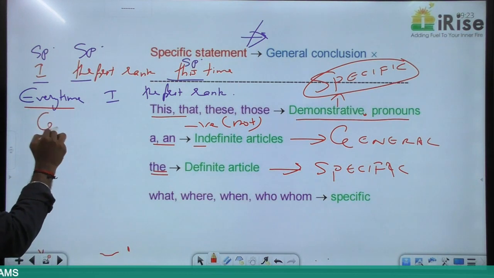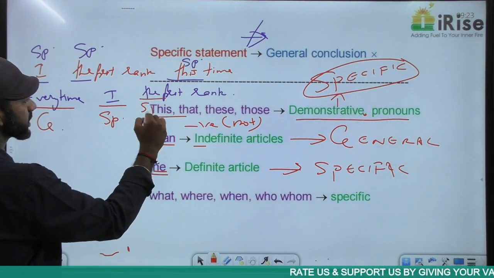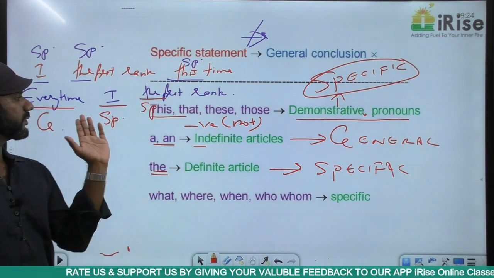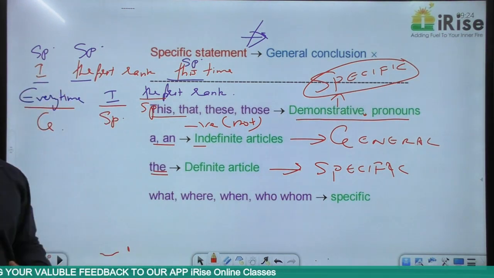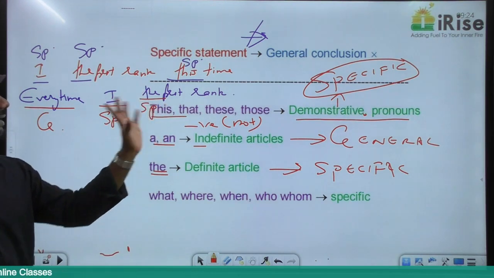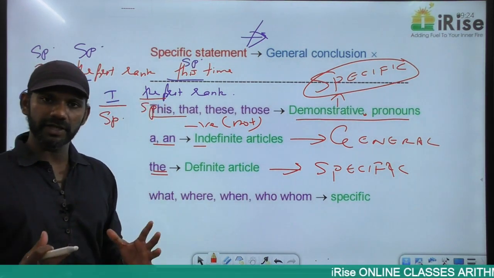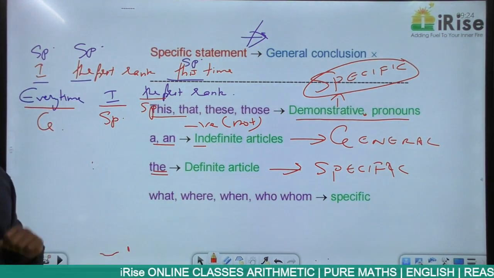Every time is general, I is specific, the first rank is specific. I is specific, here also it is specific. Specific and specific go together. The first rank is specific, here also it is the first rank, specific. Specific and specific go together. So 2 entities in the option and the passage match.